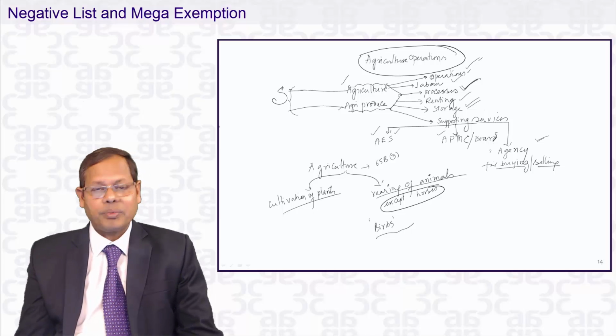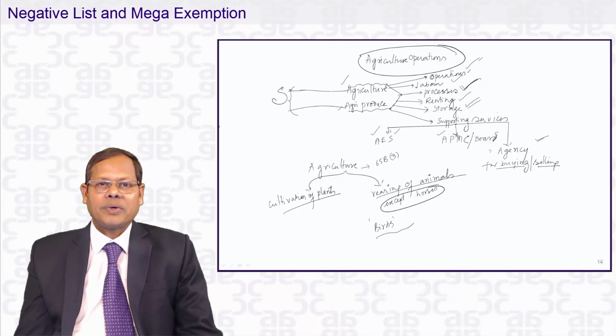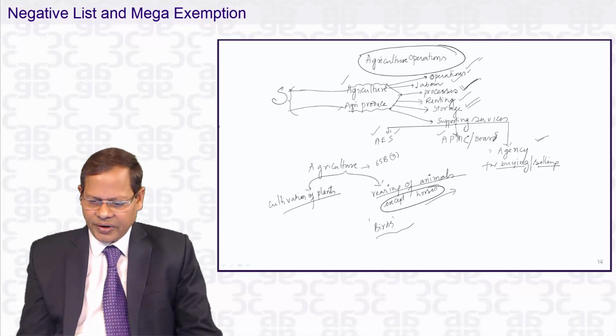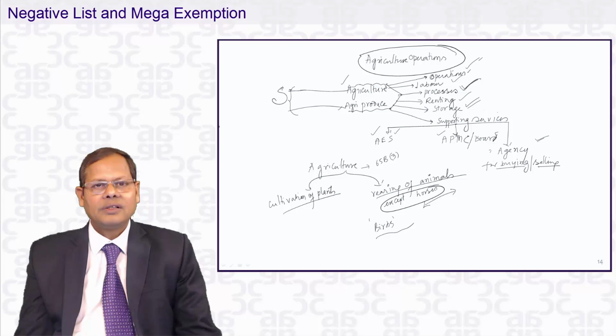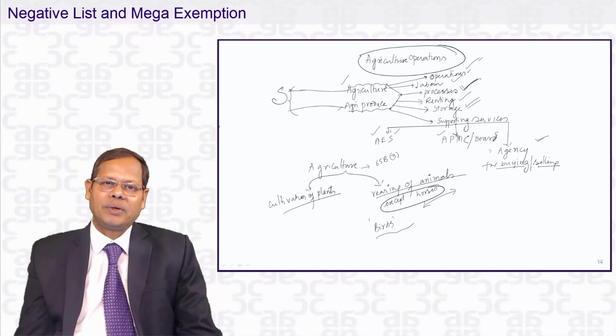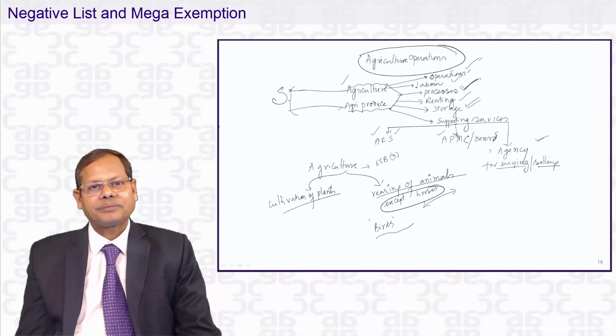Under interpretation of law, the expressio unius exclusio alterius rule is there. It says anything which has not been specified is said to be excluded deliberately. If they really meant it so, they would have mentioned it.